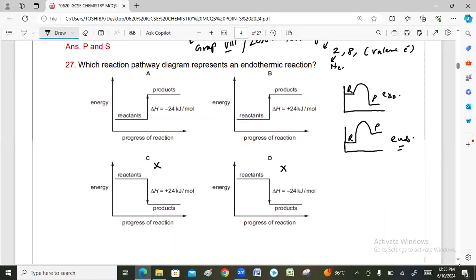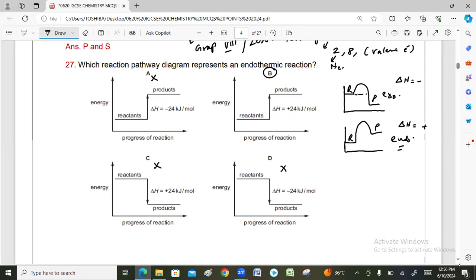Now, the next thing is that the enthalpy change of the exothermic reaction is negative, and the enthalpy change for the endothermic reaction is positive. As you can see, in A the enthalpy change is negative, so this is not the answer. Enthalpy change is positive, B is the answer. This is activation energy.